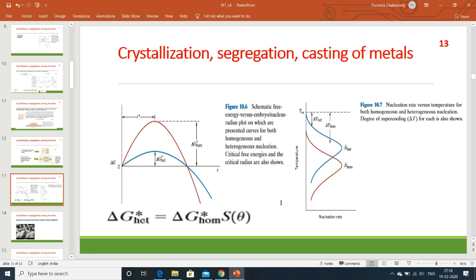So let's see how the nucleation rate varies in the case of heterogeneous and homogeneous nucleation. Here the blue line stands for the heterogeneous nucleation rate, and the red line stands for the homogeneous nucleation rate. The nucleation rate is plotted with respect to temperature.